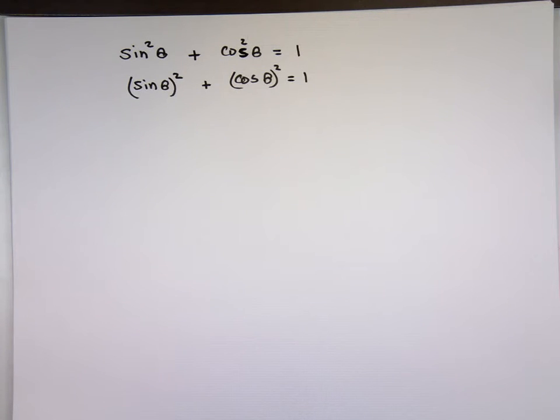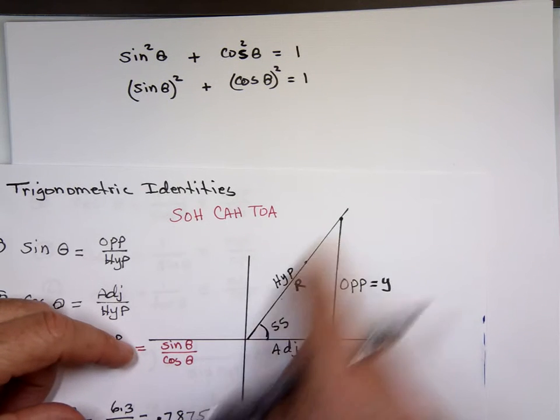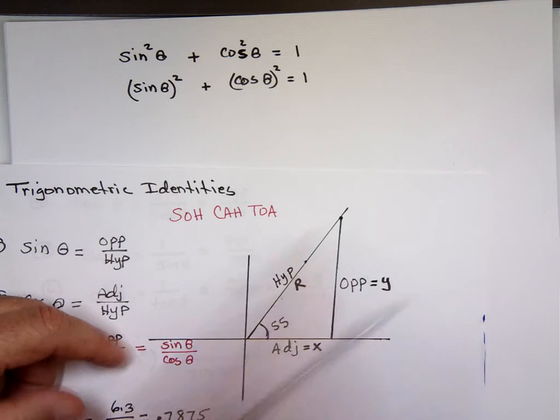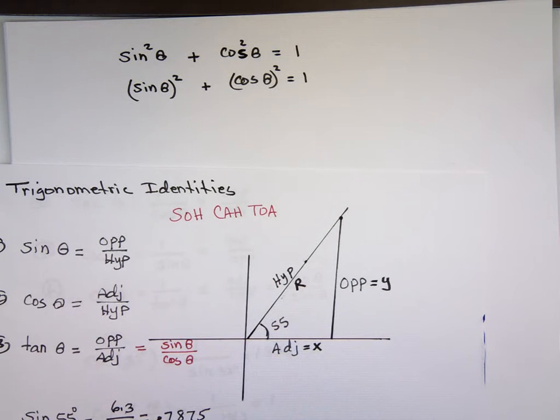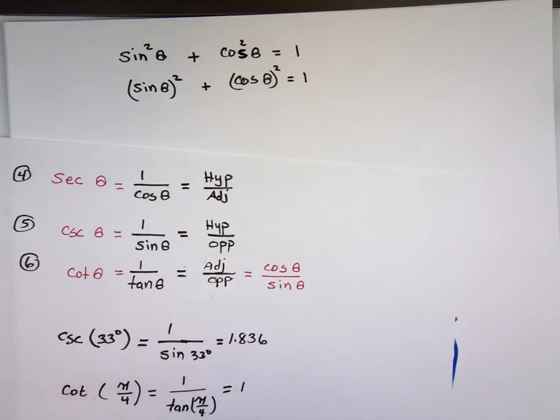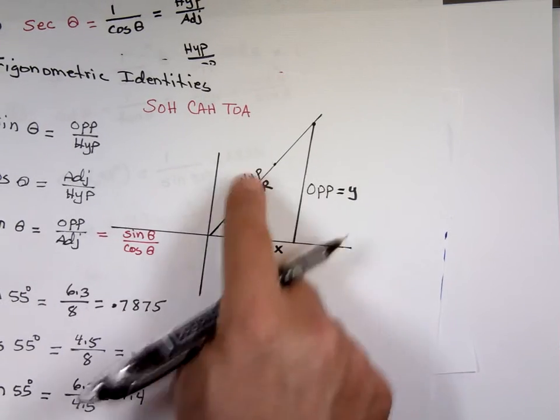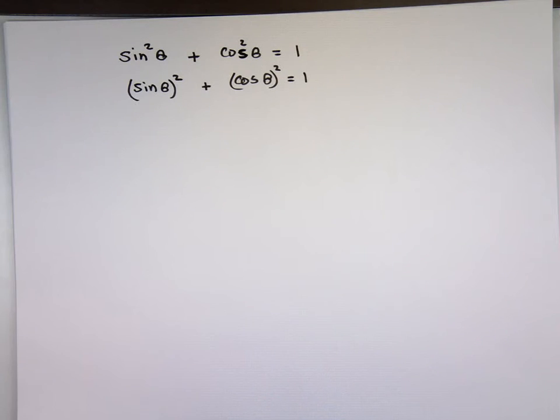If you want to know why, go back to this triangle. Let me label the triangle again. R, Y, and X, right? Here's the reason why. There's my triangle.